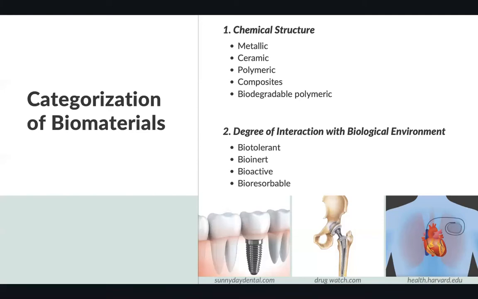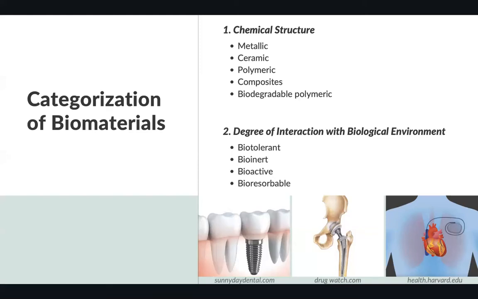We have bioactive materials, and there is a distinct interaction between the implant and the surrounding tissue. The tissue typically binds to the implant, and the materials in this bioactive class are calcium phosphate, vitroceramic, and whatnot.